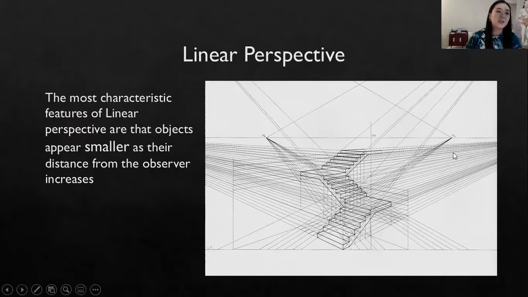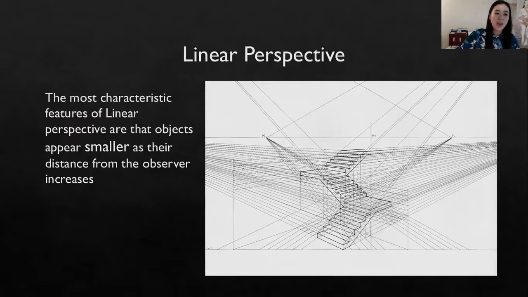The most characteristic features of linear perspective are that objects appear smaller as their distance from the observer increases, and that they are subject to foreshortening, meaning that an object's dimensions along the line of sight appear shorter than its dimensions across the line of sight.